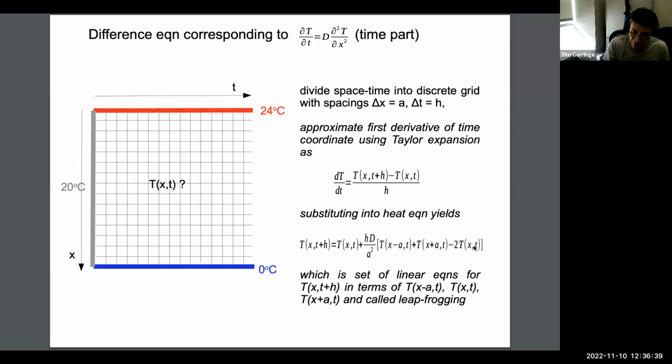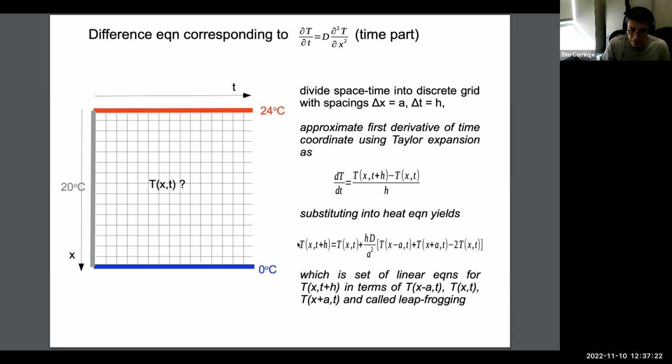And the reason I rearranged it is that I wanted to make this equation read in the following way. This equation tells you the temperature at a particular location x at a time t plus one step in time, t plus h, in terms of the temperature at that point at the earlier time, and also the temperature at the two neighboring points to the left and right at the earlier time.